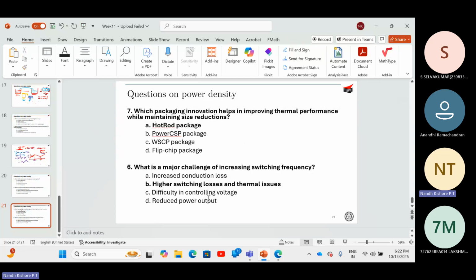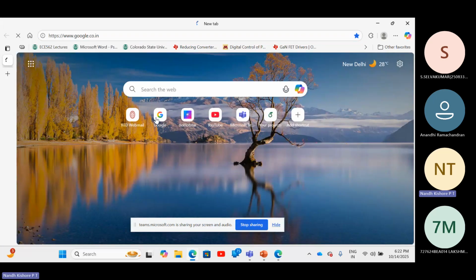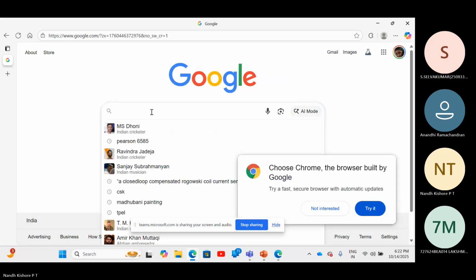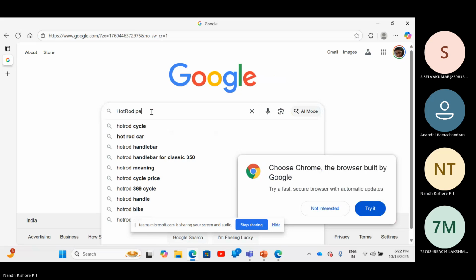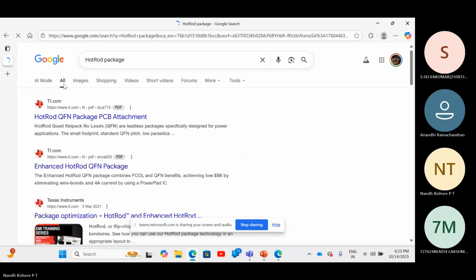I'll show you how these packages look. Probably if you can see it, you might remember the hot rod QFN package.